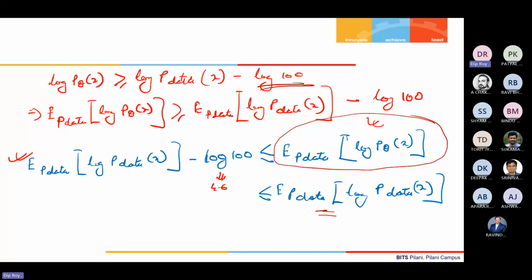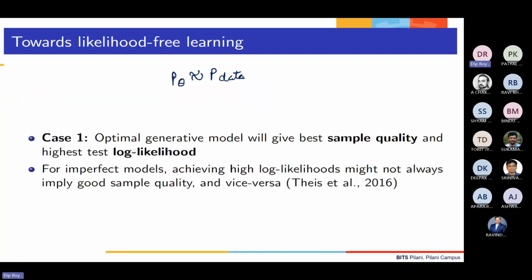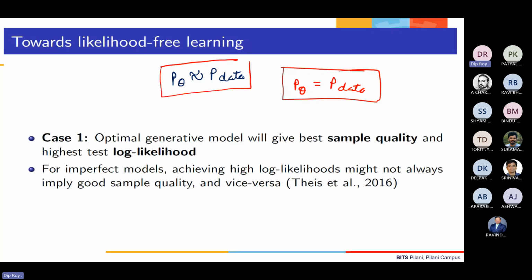What we suggested here in case one is that if, under a theoretical condition, p theta is exactly equal to p data, then I have the guarantee that my sample quality will be the best along with the highest log likelihood. But in reality, these two quantities will never be the same. They will be an approximation.